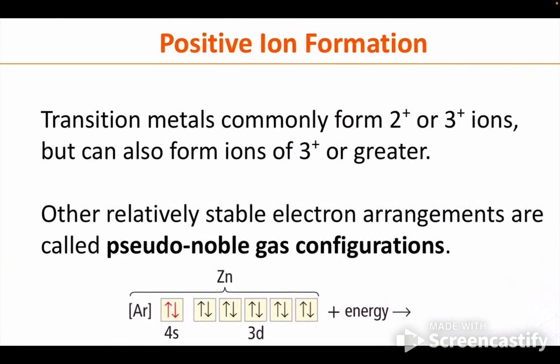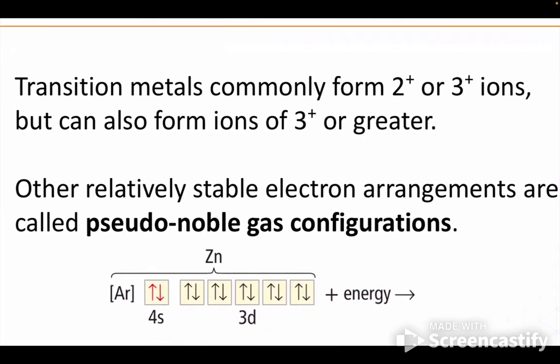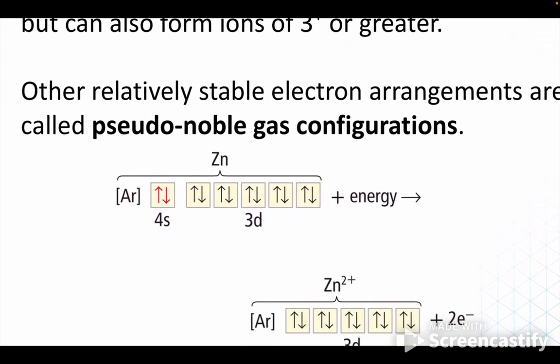Transition metals are going to be positive. They still want to lose their electrons, like every other type of metal, and they can sometimes have charges that are +3 or greater. And we get what we call pseudo-noble gas electron configurations. For example, zinc. I'll write the longhand.